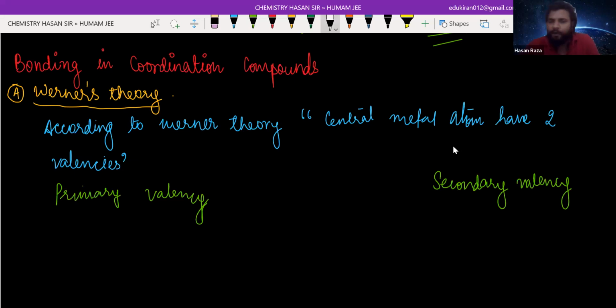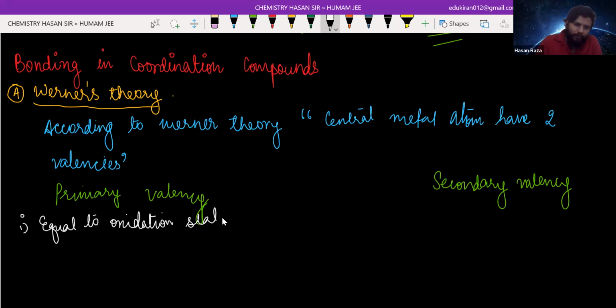Basically, I taught you that part first, the recognition of complex compound, because this is very easy to understand after that. Primary valency is equal to oxidation state of central metal atom, CMA.